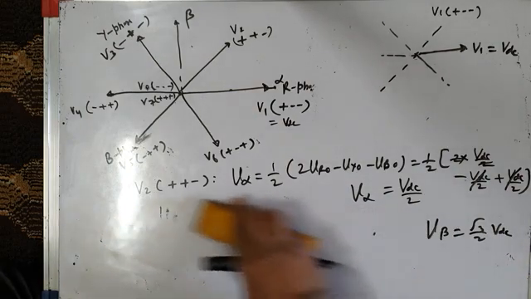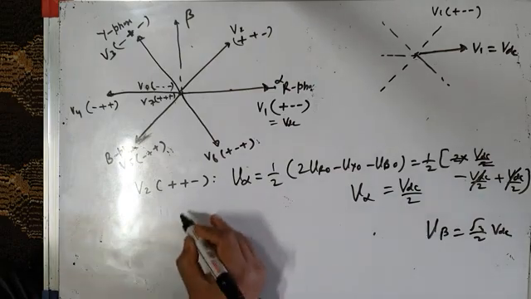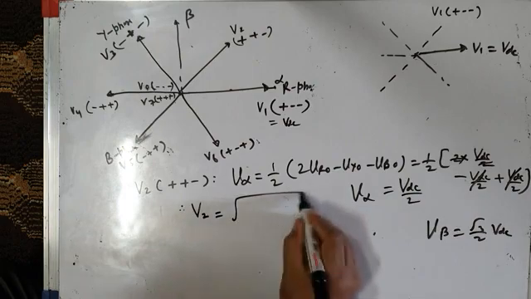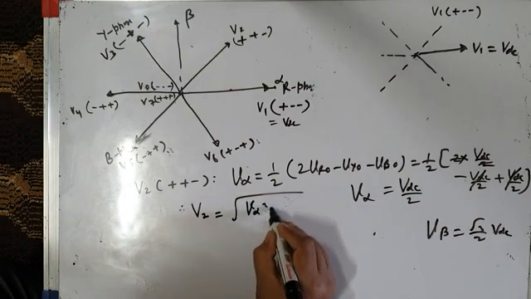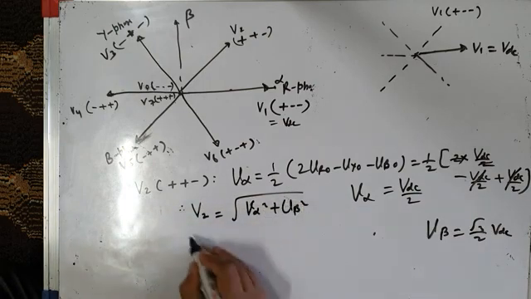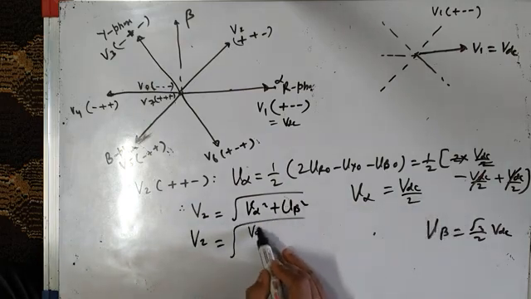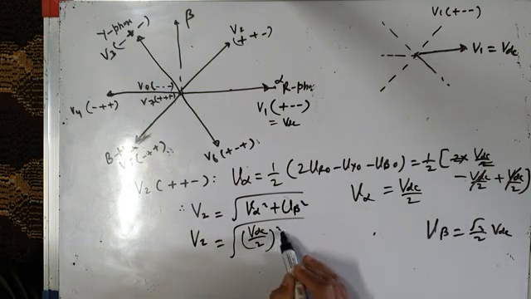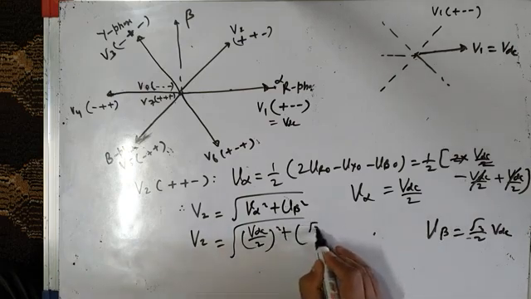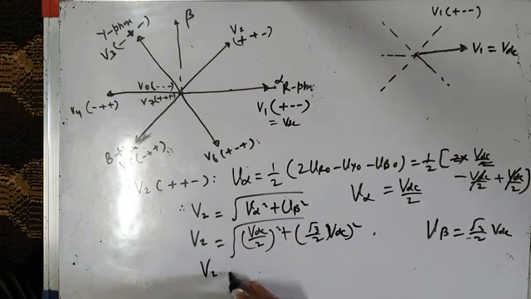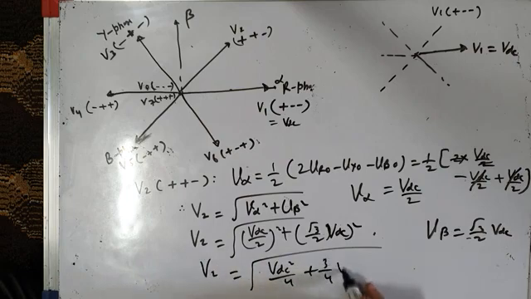So what will be my resultant voltage? Let me call that voltage vector V2, that is under root of V alpha square plus V beta square. So V2 is equal to, V alpha is VDC by 2 whole square plus V beta is root 3 by 2 VDC whole square. So V2 is equal to VDC square by 4 plus 3 by 4 VDC square.